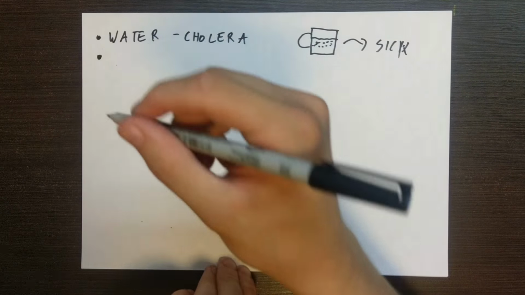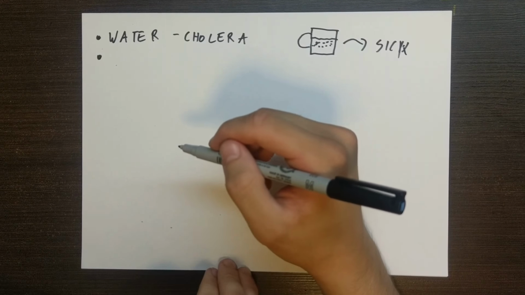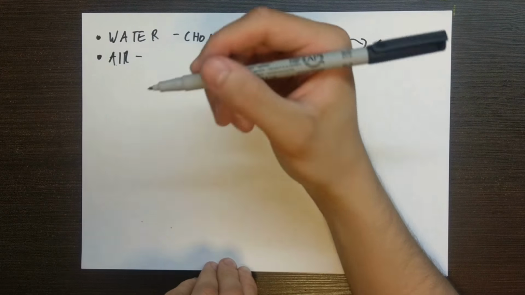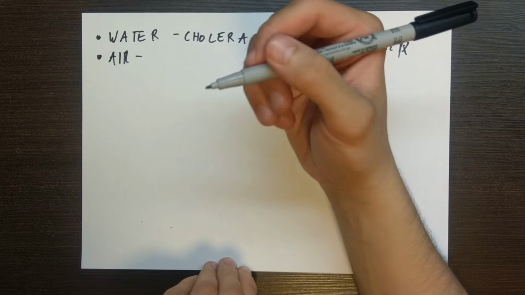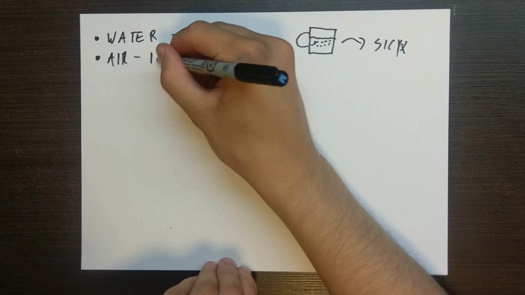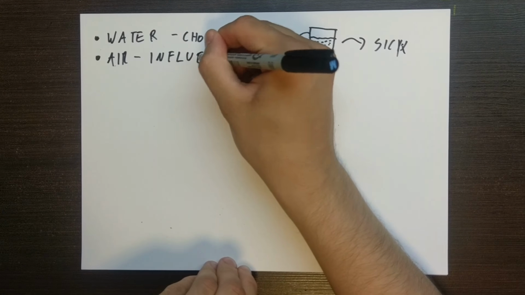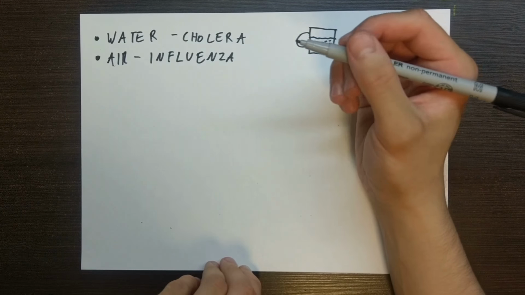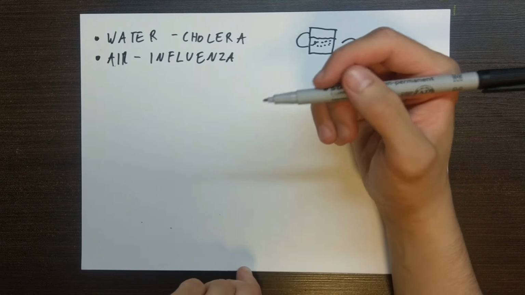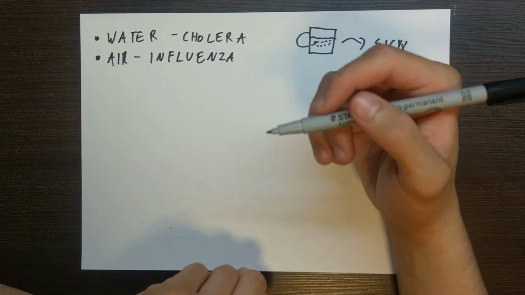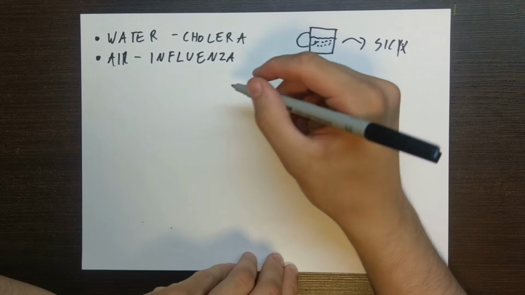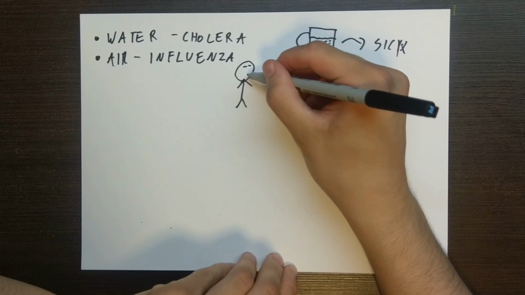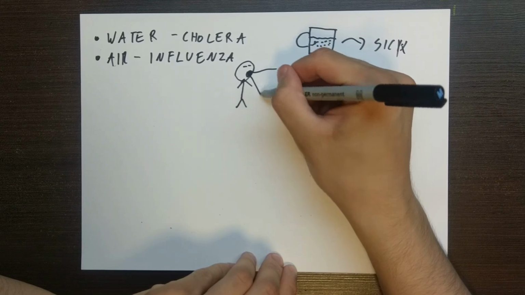Now, another very dangerous way pathogens can spread is through air. A very common one, for example, is the influenza virus. Influenza is essentially a virus that causes flu, and as you know, it can be spread by coughing, sneezing, etc. For example, if we have this guy here who has flu and is coughing, what happens?